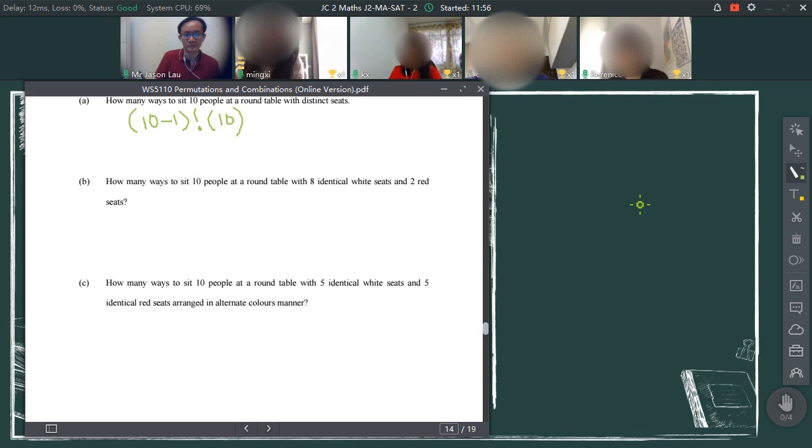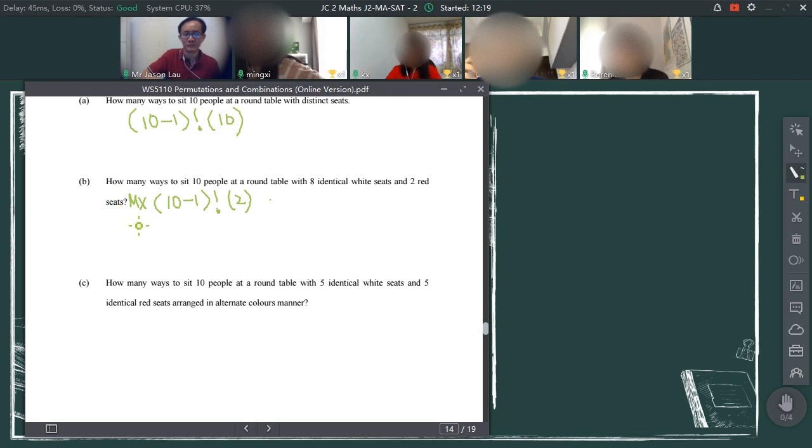(10 minus 1) factorial times 2. Times 2. Okay, good. How about Kai-Xing? Do you get the same answer? Then you have to ask your friend, what is it times 2? Then how about you?